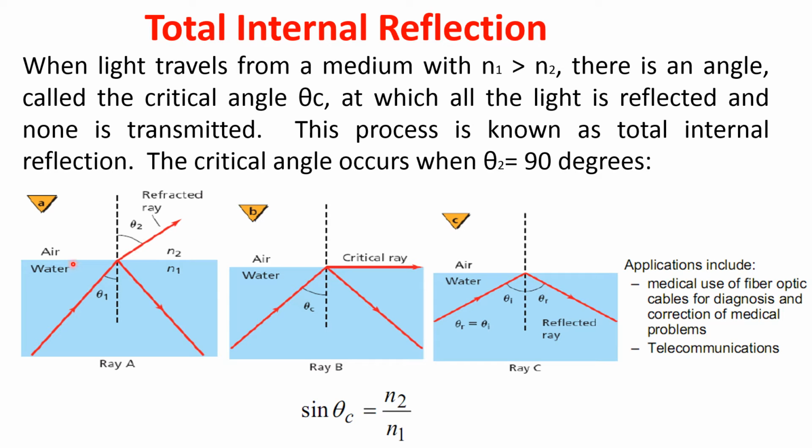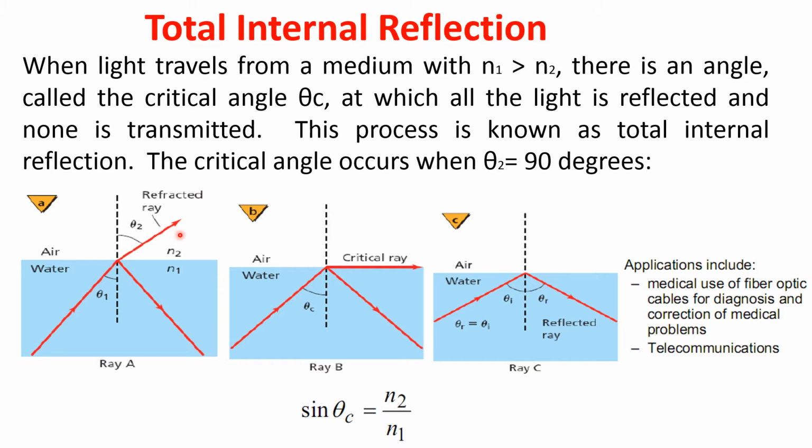Since the index of refraction of air is less than the index of refraction of water, when light reaches air, it will move faster than the light in water. Then this is the normal refraction.